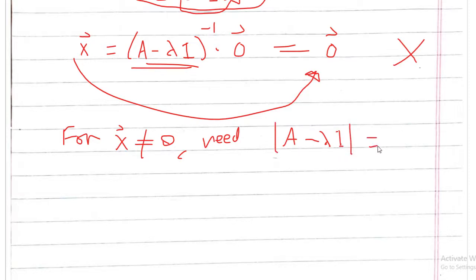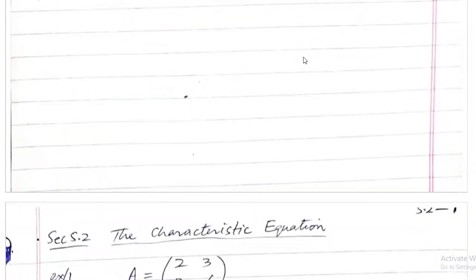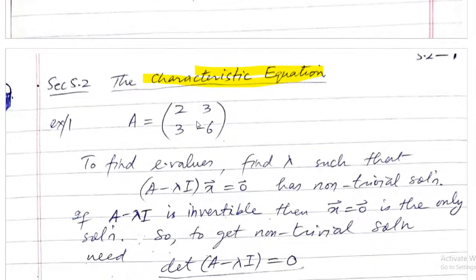You know that when A is not invertible, its determinant is equal to 0. This matrix should be singular. So the determinant of A minus lambda I should be equal to 0. This is called the characteristic equation. What is the characteristic equation? The determinant of A minus lambda I equal to 0.